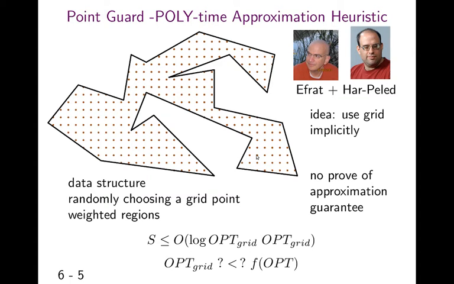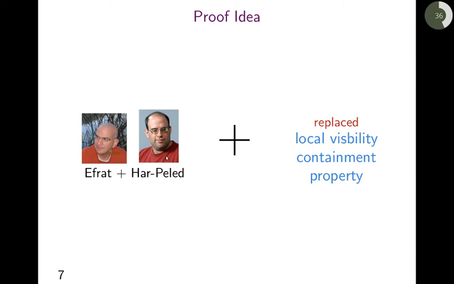But they say it's likely that this algorithm works, but in the last 10 years no one can show this. Okay, so our proof idea is just to take their algorithm and use the idea of local visibility containment, but a little bit altered. Just the idea, and then we have to fix some stuff.